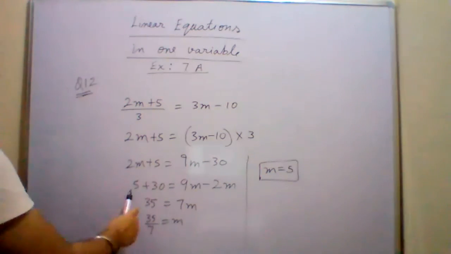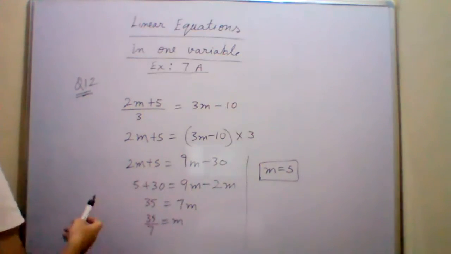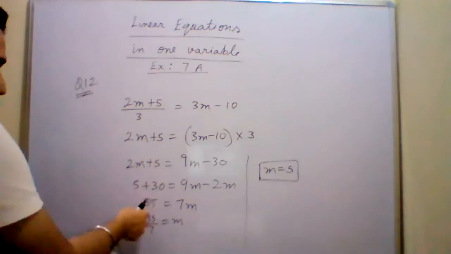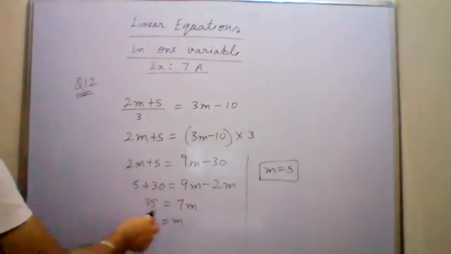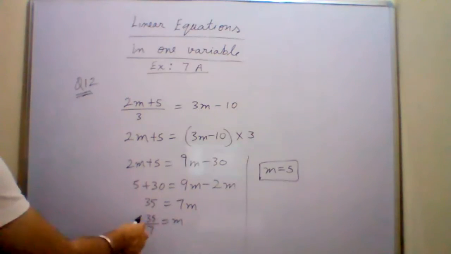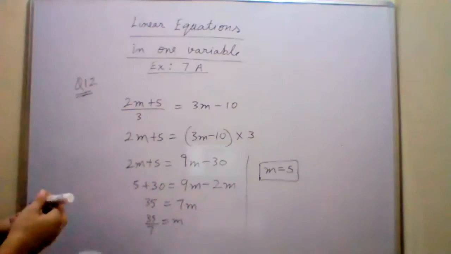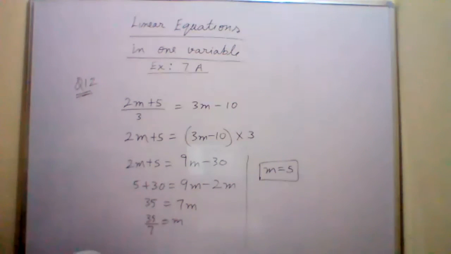So 5 plus 30 equals 9m minus 2m. So 35 equals 7m. 9m minus 2m is 7m. Now this 7 will go and divide: 35 upon 7 is equal to 5. M equals 5 is the answer. Understood? Okay, sir, got it.